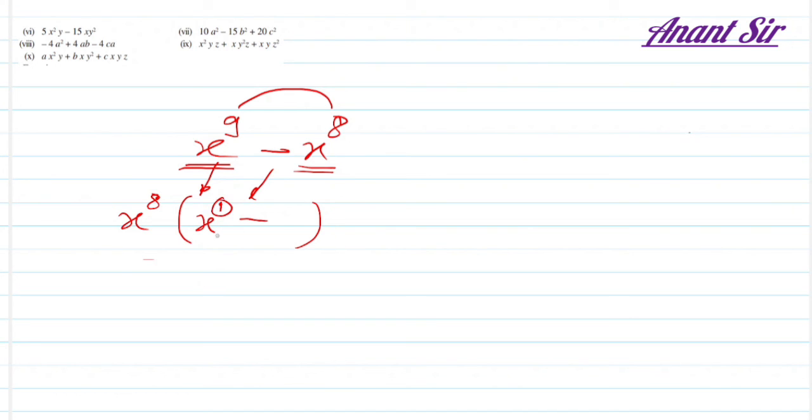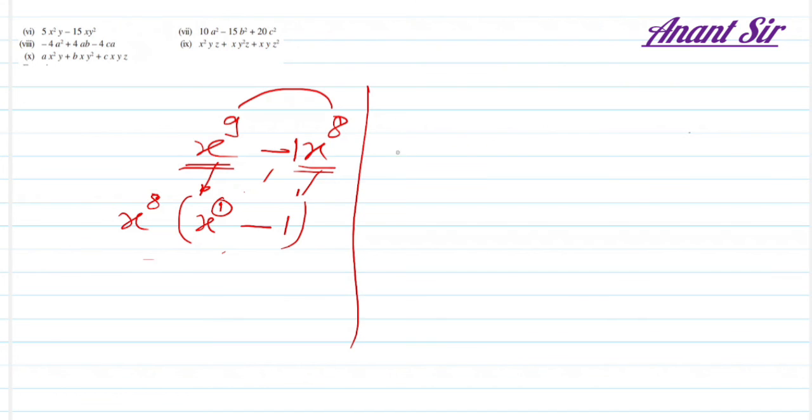Even if you don't give this power 1, it's okay. And what remains here? Nothing. So what do many students do? They write the answer like this and they finish it like this. So this is wrong. If there is nothing left here, there is still 1 left there. The coefficient was 1, so you have to write 1 there.